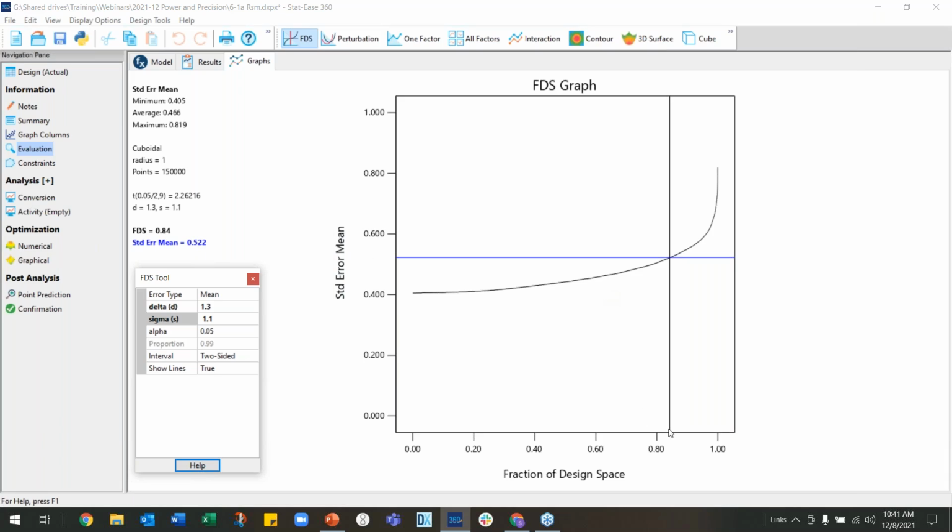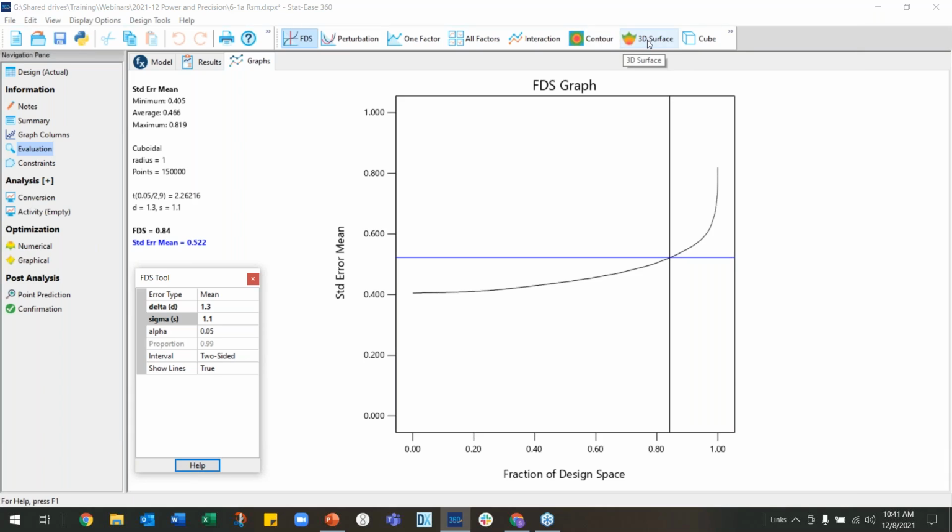It turns out that the FDS, the fraction of design space, is 0.84, or 84% of the design space, that can fit to that precision or better. Okay, that's great. That means that this 20-run design is sufficient. We can be confident that the majority of the design space is going to work, 84% of it.